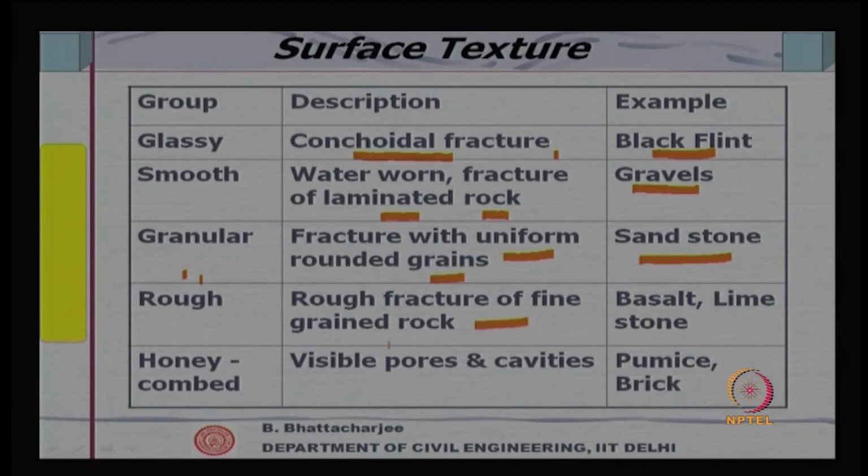Rough is fracture of fine grained rock, basalt, limestone, etc. And honeycombed surface texture comes from porous rocks, such as brick, for example, where visible pores and cavities will be there. So, this is surface structure, an important property related to concrete.